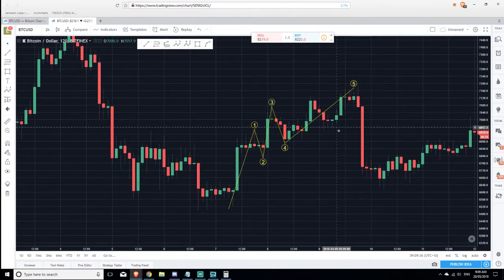So this would be a leading first wave diagonal, sort of like a rising wedge.